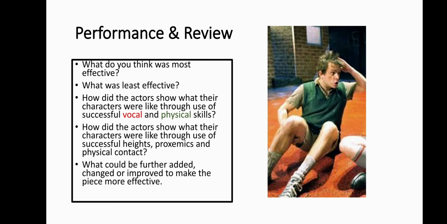How did the actors show what their characters were like through the use of height, proxemics and physical contact? What could be further added, changed or improved to make the piece more effective? If you're working in class, your teacher will pause the video here for you to perform your pieces.